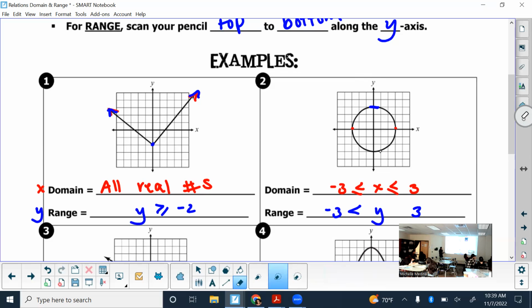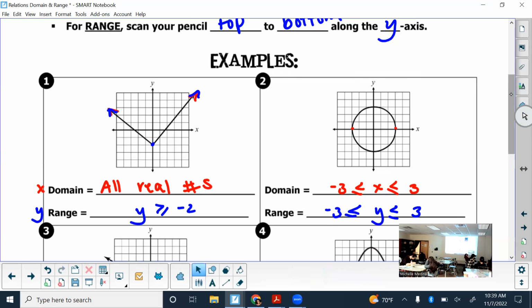Yes, we have a solid line going through the -3, so make sure you put that equals. What symbol goes between the y and the +3? Less than or equal to. Because all the y's on this circle for my line are smaller than 3, or they're 3 exactly. So that's how you know. Question?